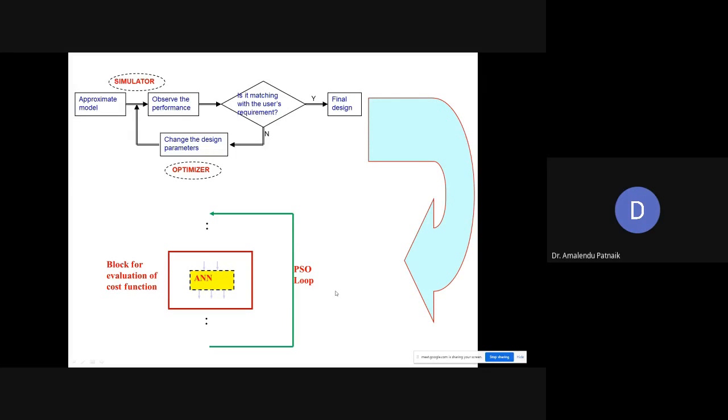So what exactly are you gaining if the previous process is replaced by this particular process? The response time of this ANN is very fast, although it takes a huge amount of time for training and testing. But once trained properly, the response is almost instant.